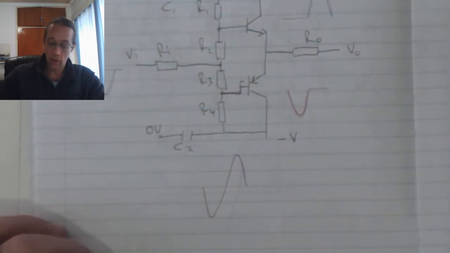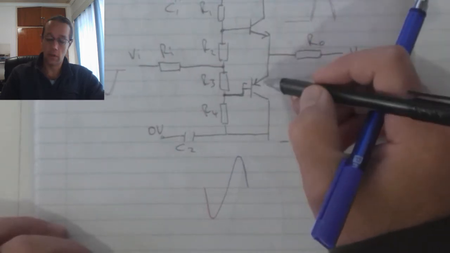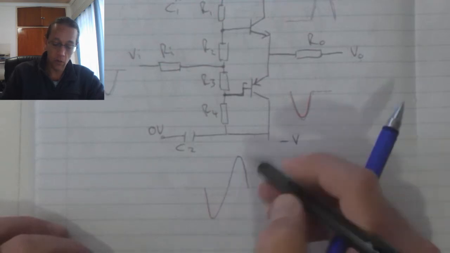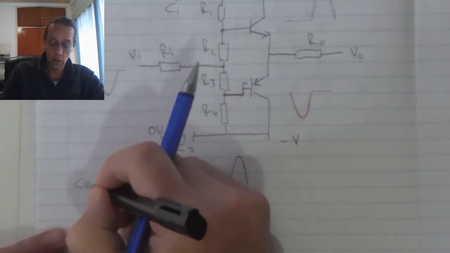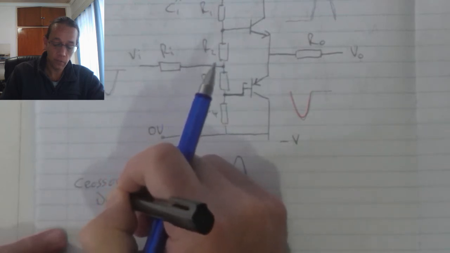The problem is that with a class B configuration on these two transistors, at that point over there, I get what is called crossover distortion.